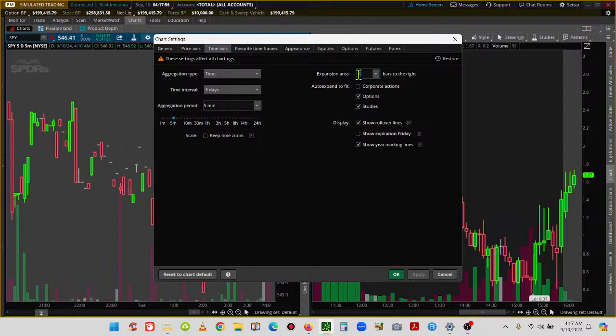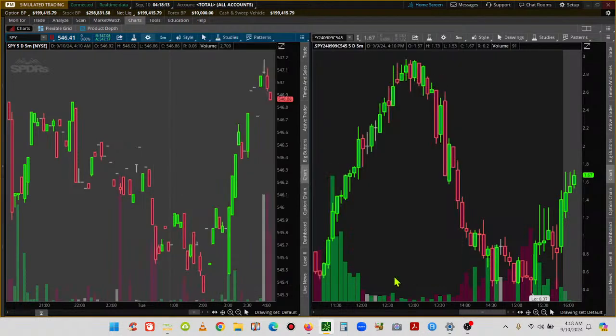Expansion area says 1. I have it set to 1, so there's at least one expansion area to the right of the chart, okay, so that you know that you're on the current candle.